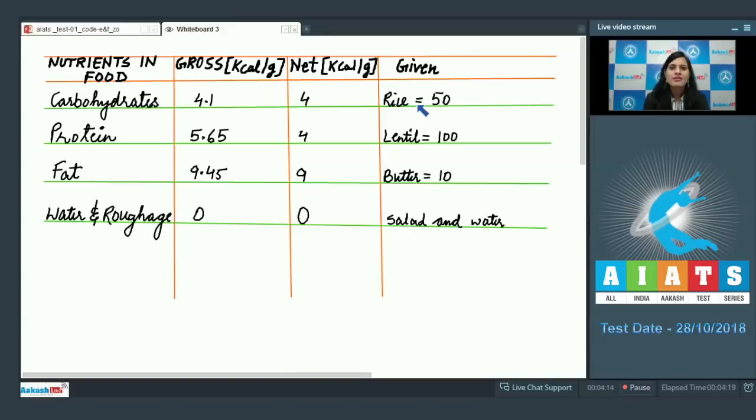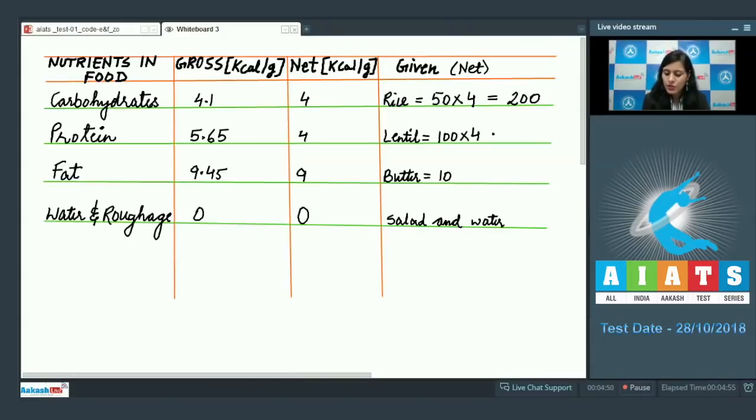Given in your question is that Sudha consumed 50 gram of rice, which is a source of carbohydrate. Now first we'll calculate the net caloric intake. For this, 50 gram of rice has been consumed by Sudha. So 50 into 4 will be equal to 200. And she consumed lentil, which is a source of protein, 100 grams.